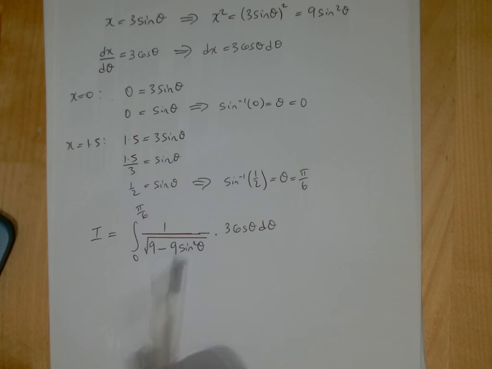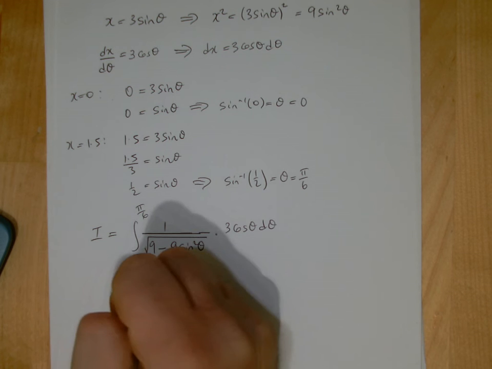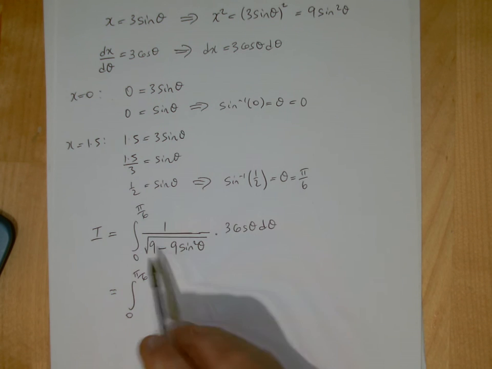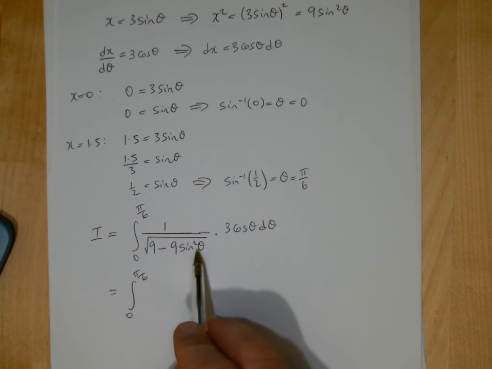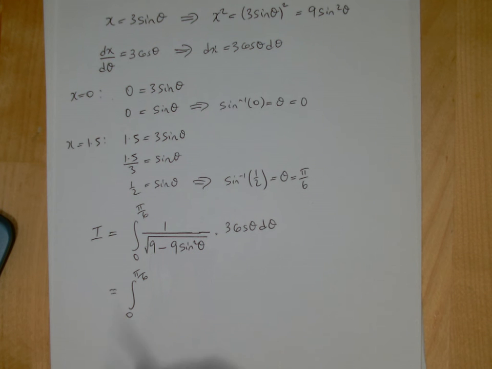Look at the denominator here and appreciate what we've got in that root. You've got 9 minus 9 sine squared theta. Now, when you look at those two terms, the fact that they've both got 9 as a constant should make you think, I could maybe factorize it.